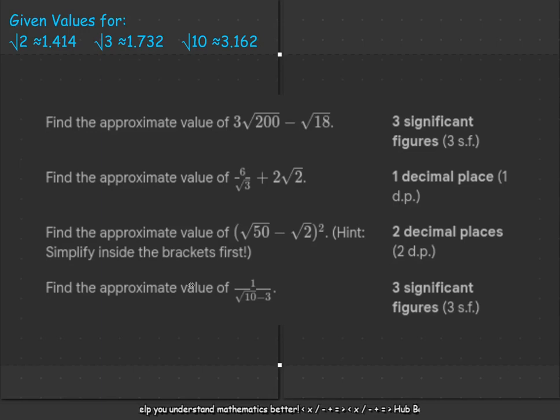You can just try your hands on them to test your understanding. You've been given the values of root 2, root 3, and root 10, and you are using them to approximate these 4 questions. Take note, simplify before you substitute to evaluate.